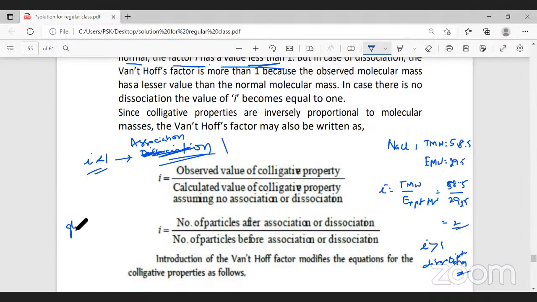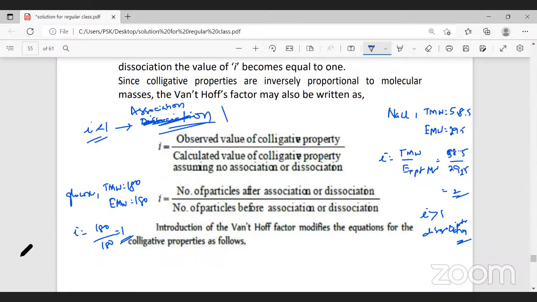Now just observe. In case of glucose, theoretical molecular mass is 180. Experimental molecular mass is also 180. So what will be the Van 't Hoff factor? It will be 180 divided by 180, which is 1. So when Van 't Hoff factor is 1, the solute undergoes no dissociation, nor association. So three terms we learned.